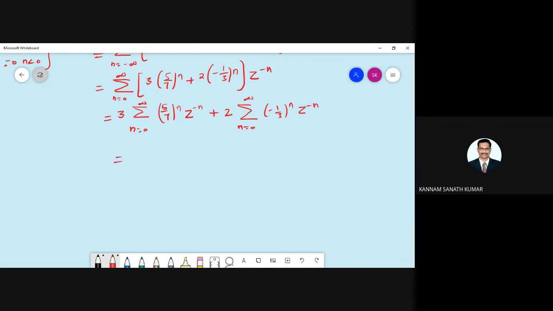So this is 3 into, you can combine, summation n equal to 0 to infinity (5/7 into z⁻¹)ⁿ.